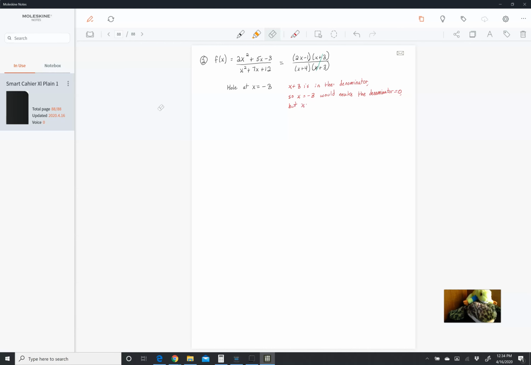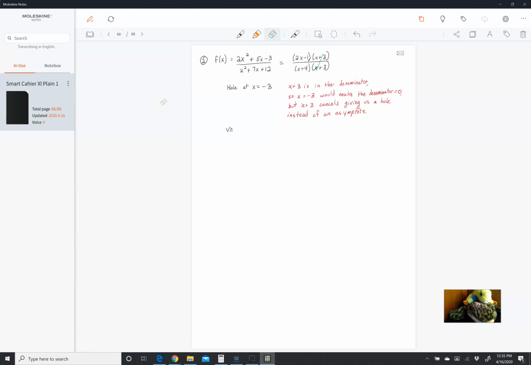But x plus 3 cancels, giving us a hole instead of an asymptote. So we're still saying x can't be negative 3, okay? It's just that we have a hole there instead of an asymptote.